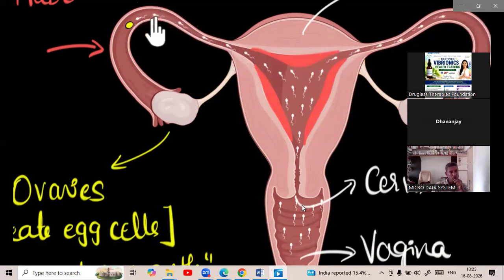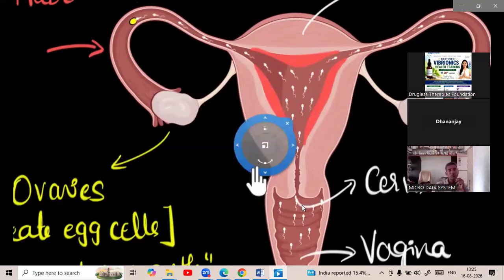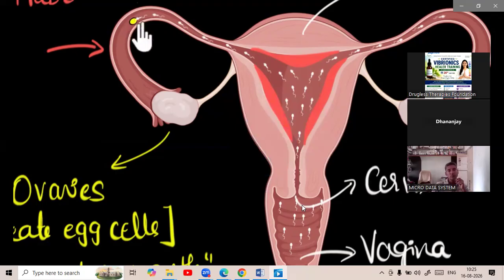But eventually the fittest of the fittest sperms will be able to finally meet with that egg and fertilize that egg. So let's say one of those sperms fertilizes the egg. Meaning the sperm is going to release its genetic material into the egg. And once that happens, we will say the egg is fertilized.